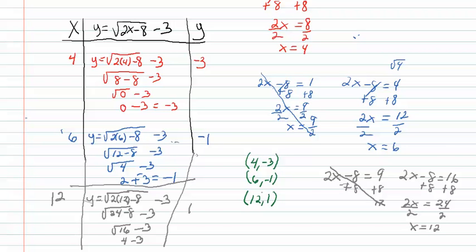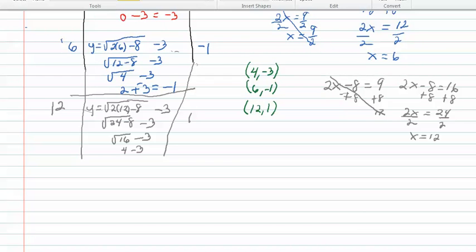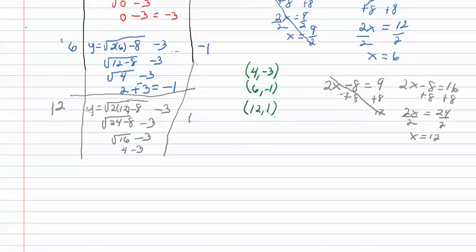Alright, we're going to take those ordered pairs, and now we're going to just finish off by graphing. Okay, so we're going to make our graph the best we can do. I'll make it in blue. So we're going to get 4, 1, 2, 3, 4, and then negative 3.